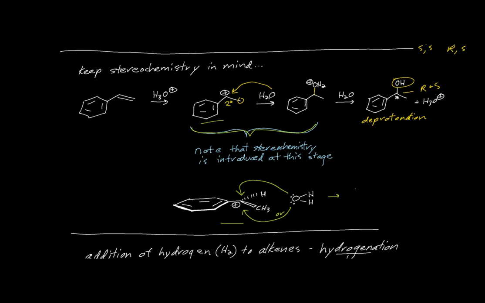So really you expect a 1-to-1 mixture of R and S enantiomers up here, and we call that, if you remember, a racemic mixture if it's equally 1-to-1 R to S. So a mixture that's 60-40 R to S is not racemic.